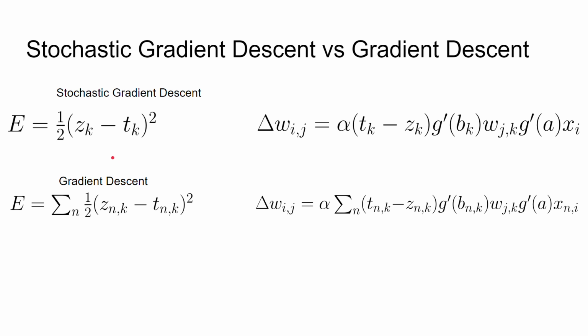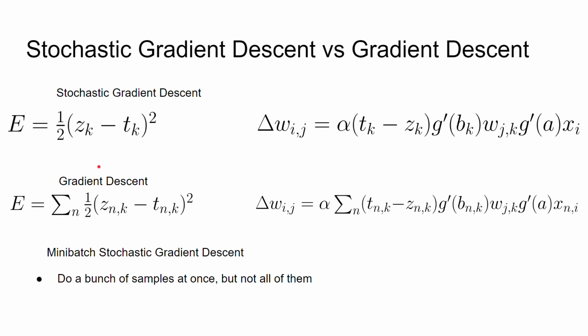That said, what actually happens in practice is a hybrid between the two. We want to do a bunch of samples at once, but there might be a lot of these samples. So maybe you just take a chunk of the samples and compute them at once. What we call that is mini-batch stochastic gradient descent. Instead of doing one, we do some number of them, where that number is whatever fits well on the hardware you're running it on.